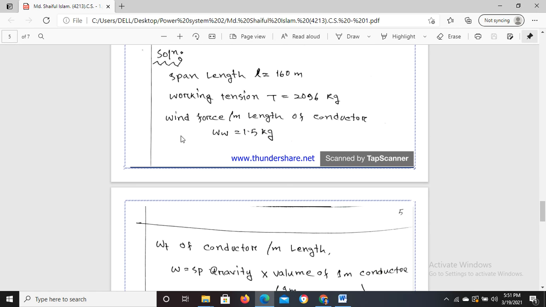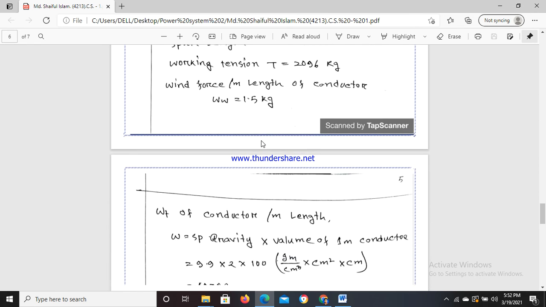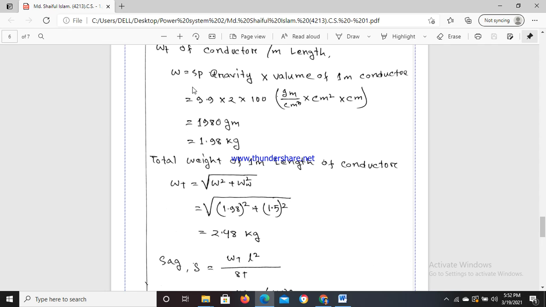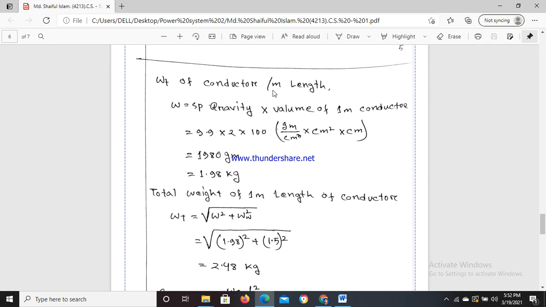Solution: span length L equal to 160 meter, working tension T equal to 2096 kg, wind force per meter length of conductor w_w equal to 1.5 kg. Weight of conductor per meter length, w equal to specific gravity into volume of 1 meter conductor, 9.9.